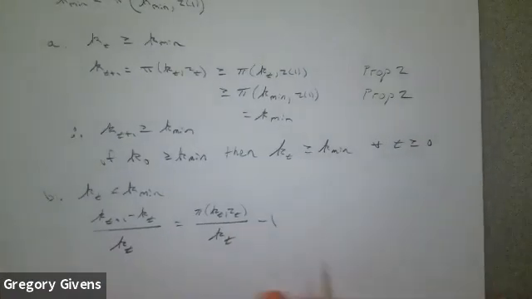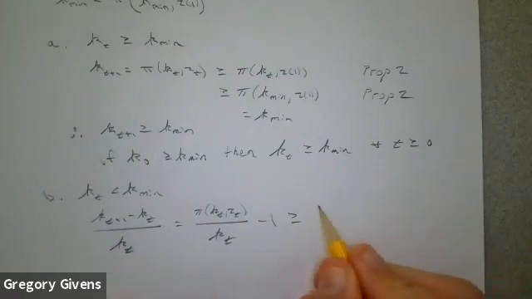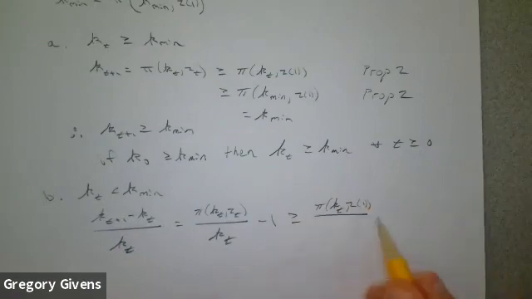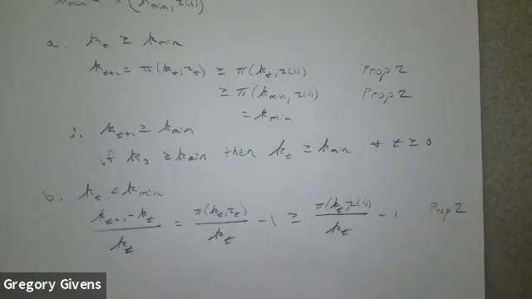Well, pi of KT ZT over KT minus 1 has to be greater than or equal to pi of KT Z1 over KT minus 1, again by prop 2. Pi is strictly increasing in Z.